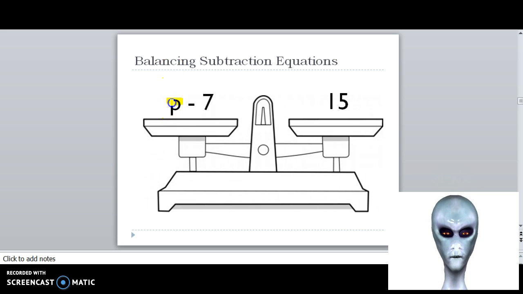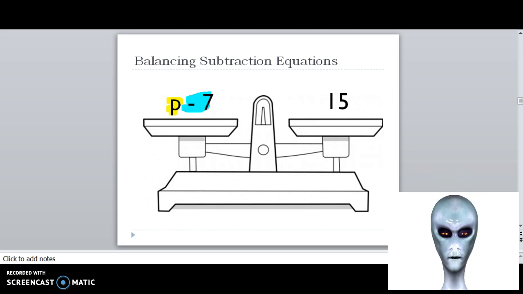In this example, p is our variable, meaning it's our unknown. Minus 7 is what we're doing to the unknown in order to balance it with 15. The inverse operation of minus 7 is addition.